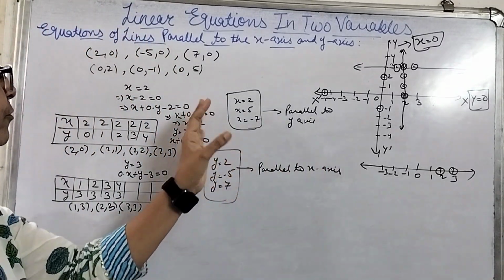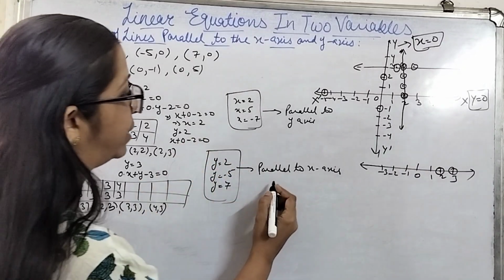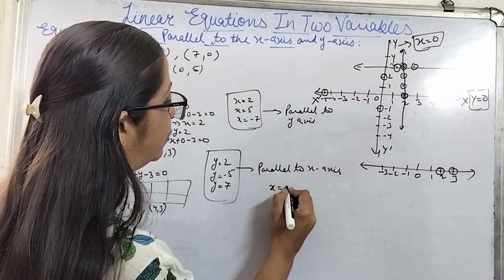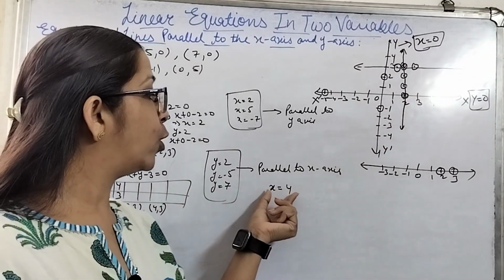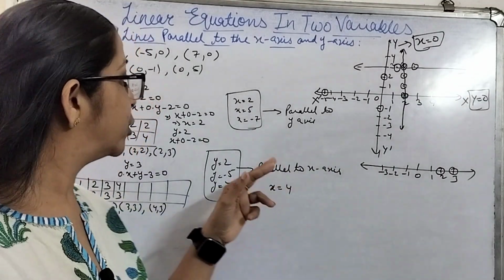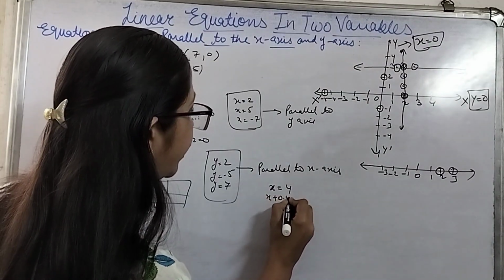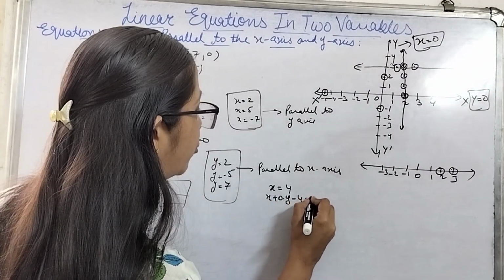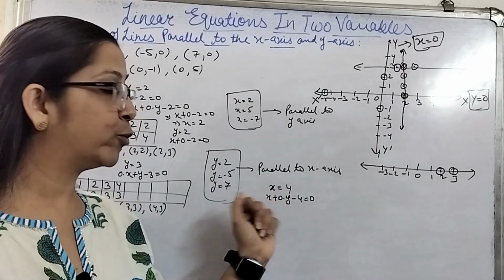Why is this happening? Let me take another example: x equal to 4. Whatever value of y you take, the equation becomes x plus 0 multiplied by y minus 4 equal to 0. This is the linear equation in two variables for x equal to 4.